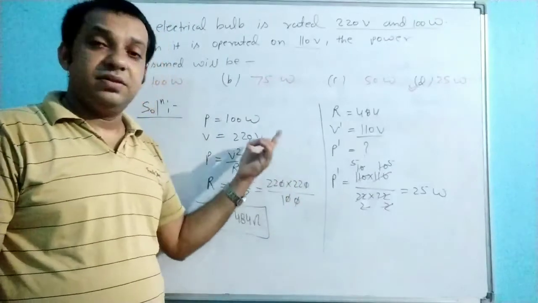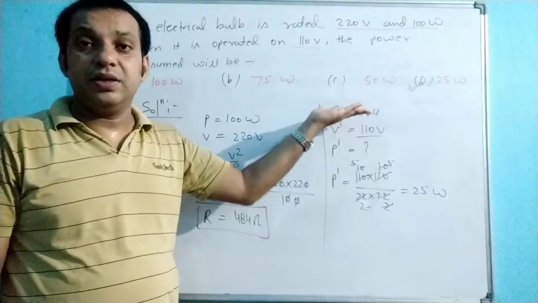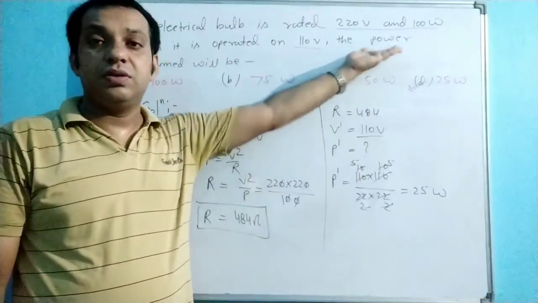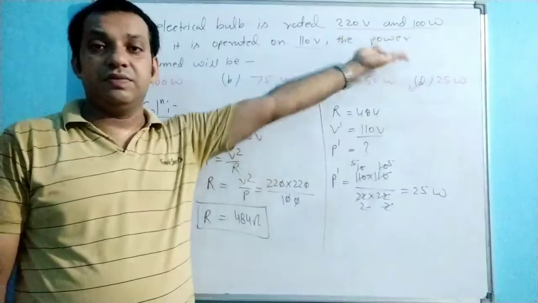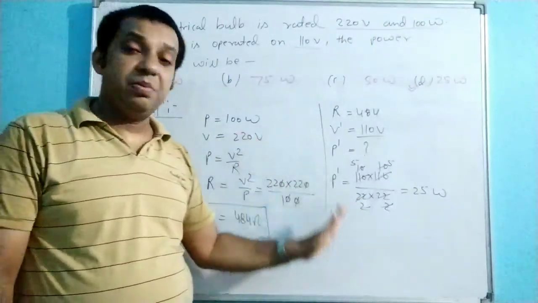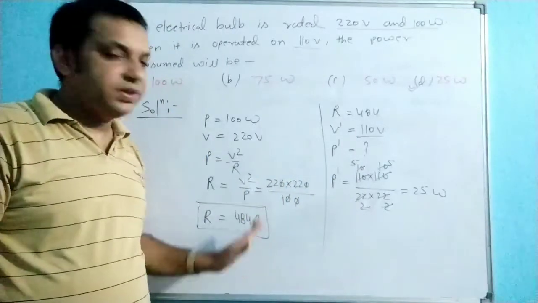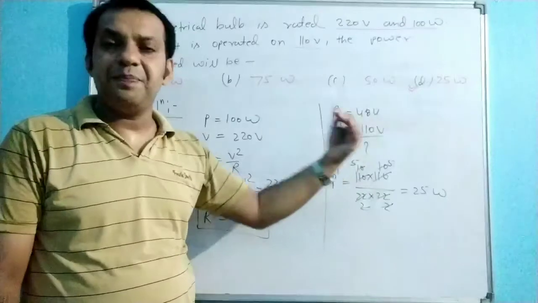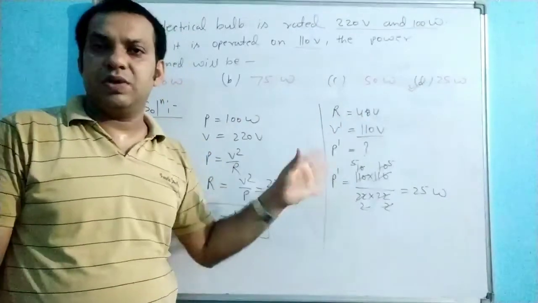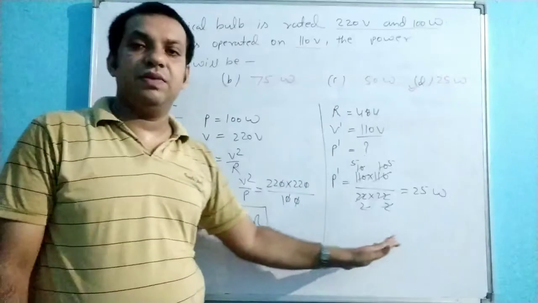They are thinking of the unitary method here, right? The unitary method: 220 volt, 100 watt, 110 volt, 50 watt, right? But it is wrong. Already I have given the solution, so don't apply the unitary method here. Just find the value of the resistance, and with the value of the resistance, just apply the formula for the power or the heat, whatever values are given in the question. Right? Then you can find the value.